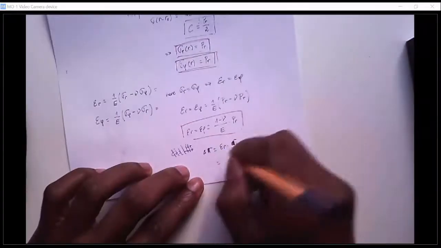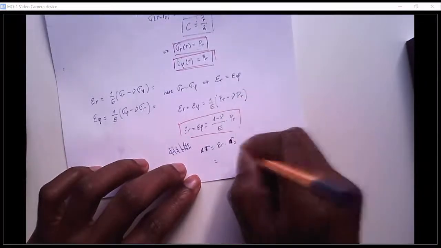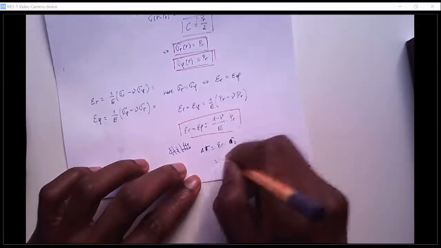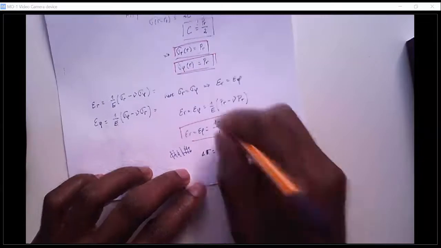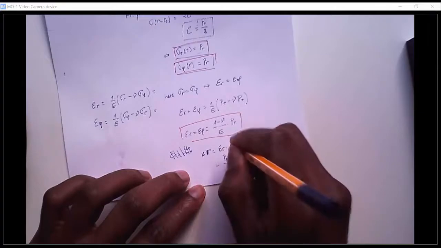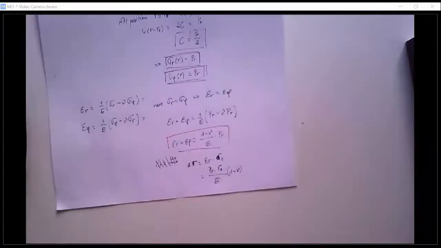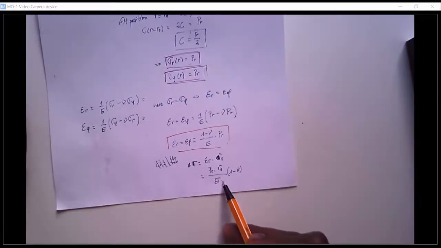It would be, if we just want to write it in the same manner as it was in the book, 1 minus mu, and here E, Young's modulus, our stress PR times R O, okay. And then in the book they have something else. They have an H here.